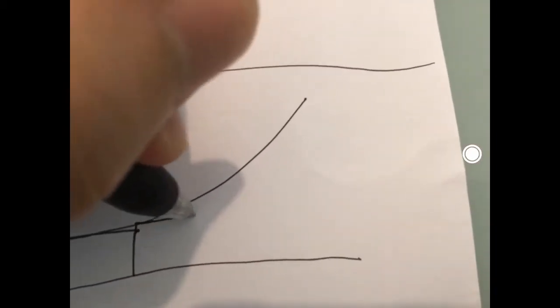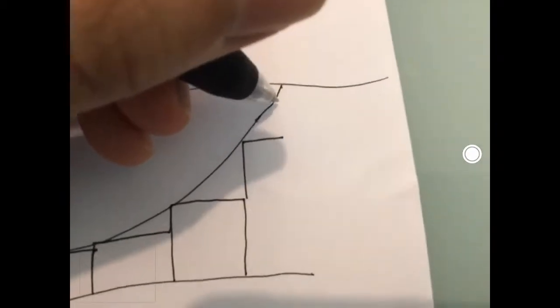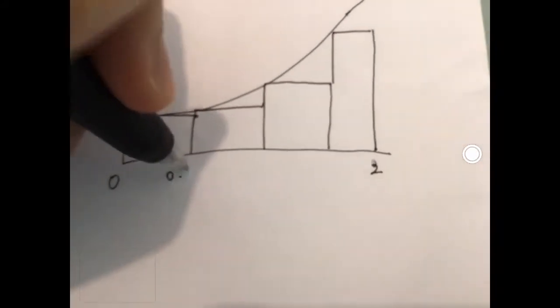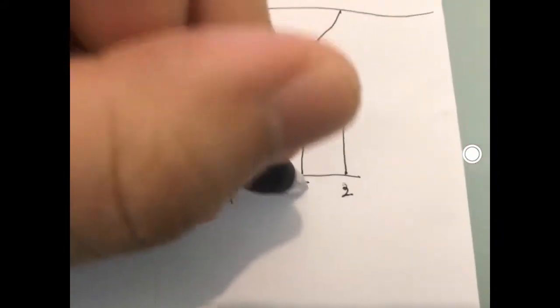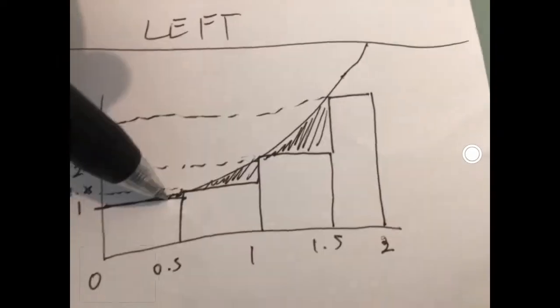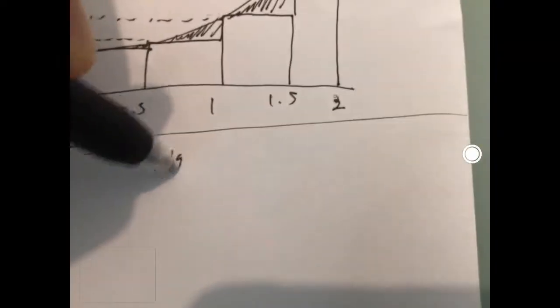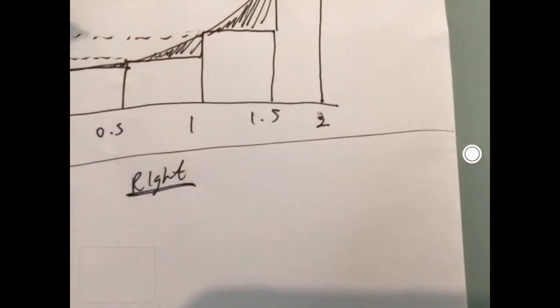So the first one, this is our first cube, and then following that we establish the second one, and like this we finish the whole graph, drawing it starting from the left instead of the right, which is why it's called left Riemann sum. And as you can see from these 4 cubes, which is from our 4 stripes, the approximation that we made of the area underneath the curve using these cubes is an underestimate. As you can see over here, there's some blank space not filled by the cubes.